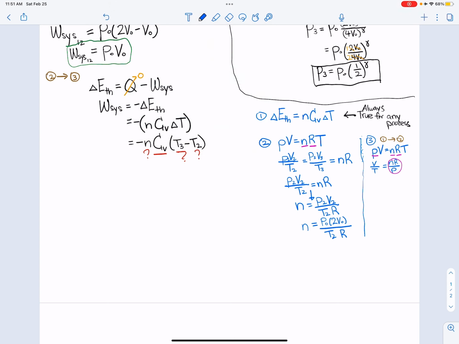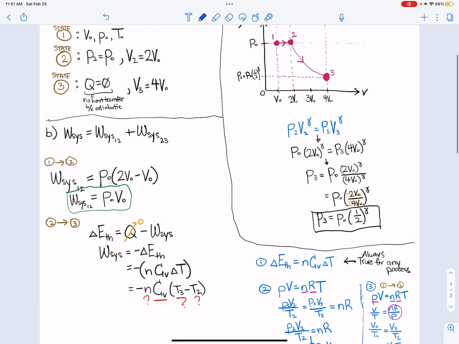So therefore, my V at state 1, or V naught over T naught, would be equal to my volume at state 2 over the temperature at state 2. So then I could rewrite that as T2 is equal to V2 T naught over V naught, right? And I'll plug in my knowns.